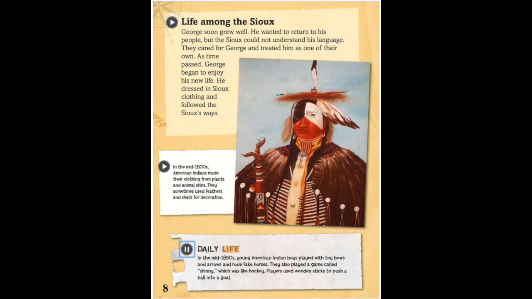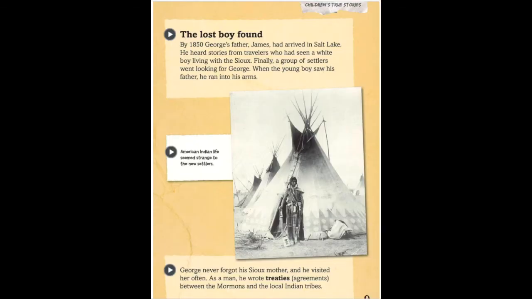Daily life. In the mid-1850s, young American Indian boys played with toy bows and arrows and rode fake horses. They also played a game called shinny, which was like hockey. Players used wooden sticks to push a ball into a goal. The Lost Boy Found.